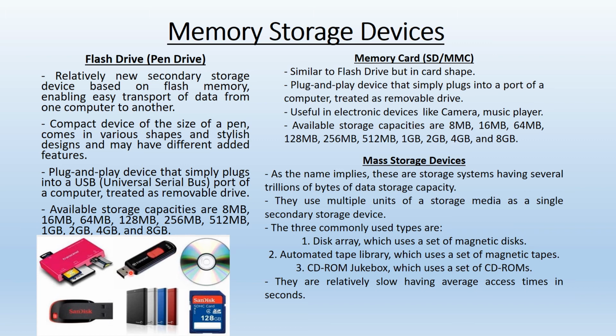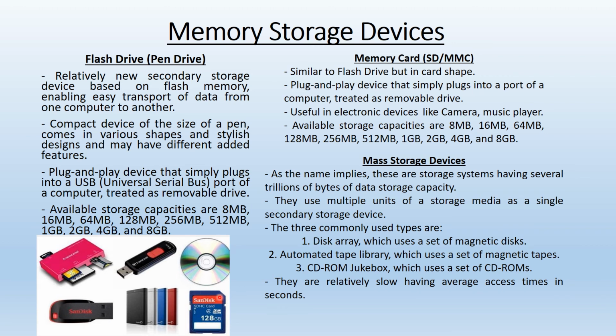They come in different styles. For example, I have this one, then you have the flat ones, different types of flash drive. Then we have the memory card, also known as the SD card or the MMC, almost similar to the flash drive but in the shape of a card. Over here we have an example. This is the SD card, and this is just the adapter for the SD card.